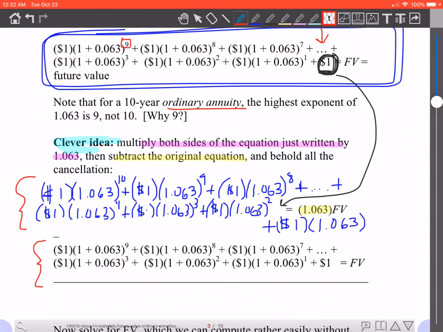So it turns out that this very first term in the original number sentence, to the 9th power, when subtracted by this term to the 9th power, will equal 0. This term subtracted by this term will equal 0, and every other term that has a matching pair will also subtract to 0.